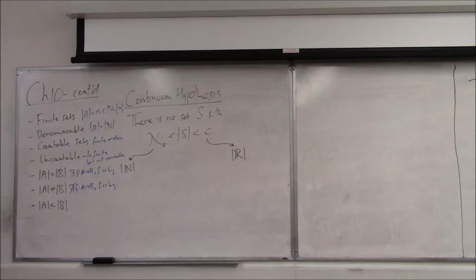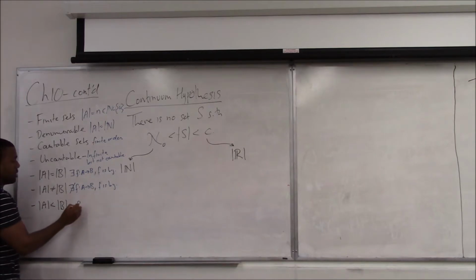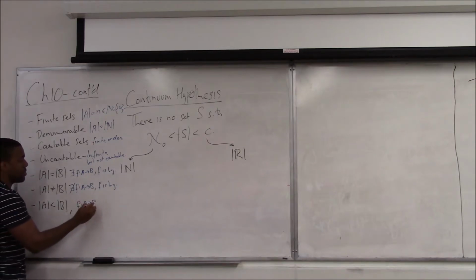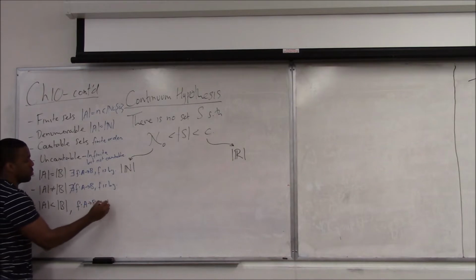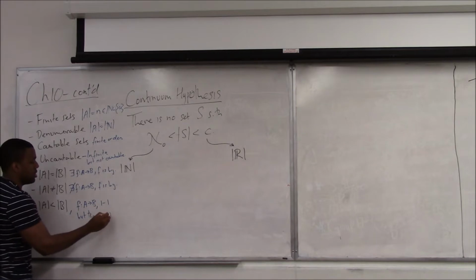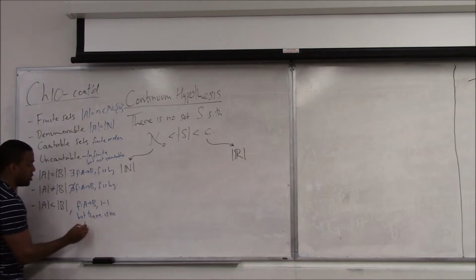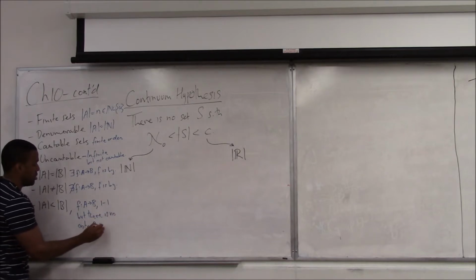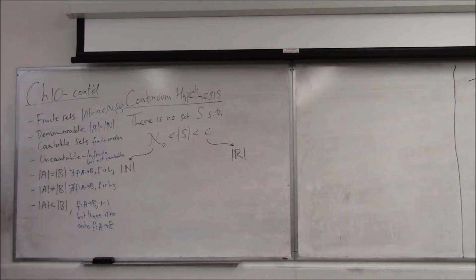This guy means there is an f from A to B, such that it is one-to-one, but there is no onto function from A to B. Right? And then in such a case, we say that B has a larger cardinality.